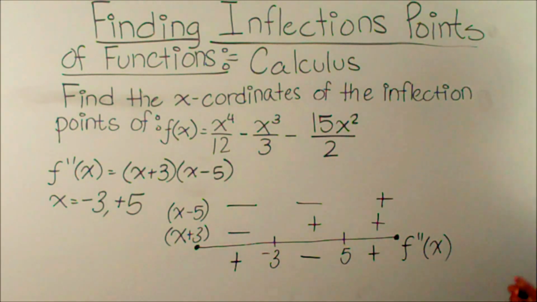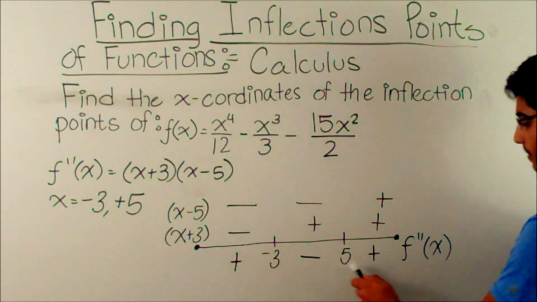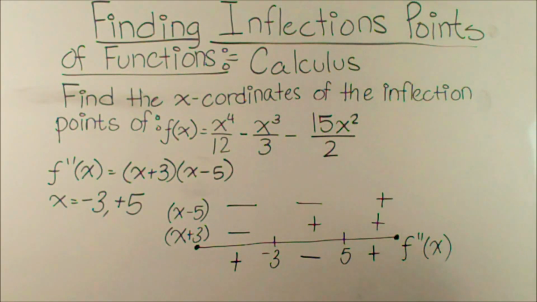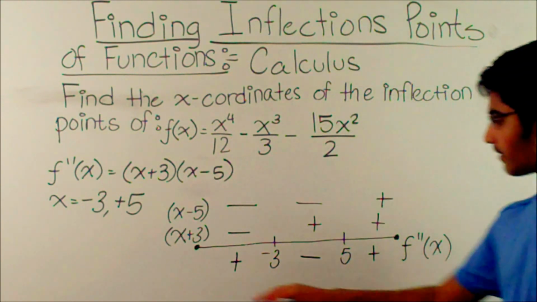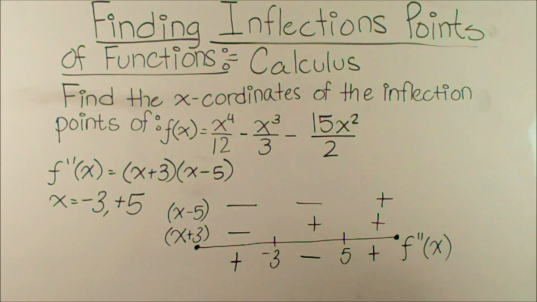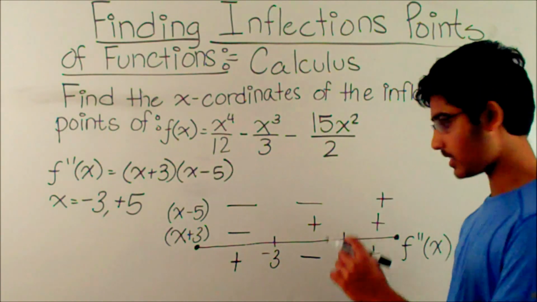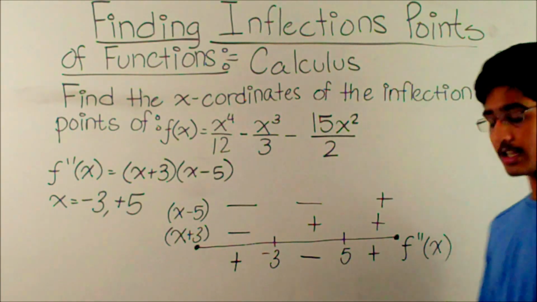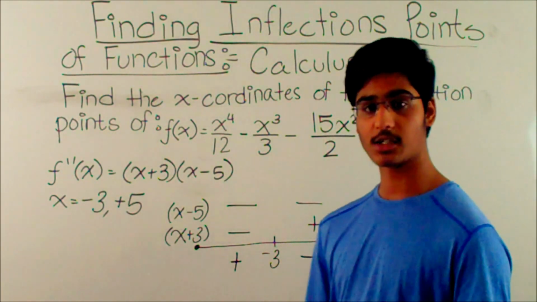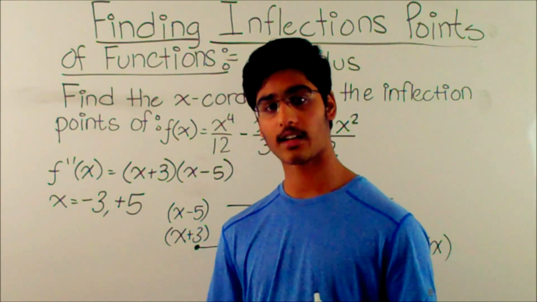So we can see that the concavity changes from positive to negative back to positive. If the concavity changes from positive to negative, or from negative to positive, that means that it passes through 0. So that means that there's an inflection point, because once again, an inflection point is where concavity changes from positive to negative, or negative to positive.